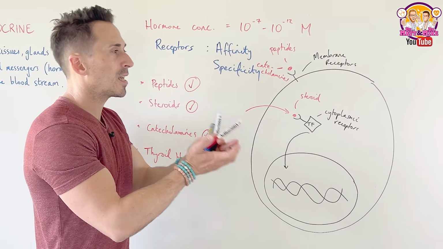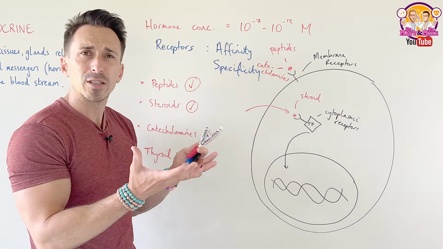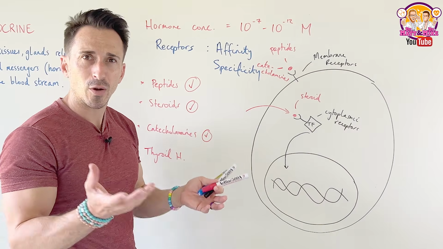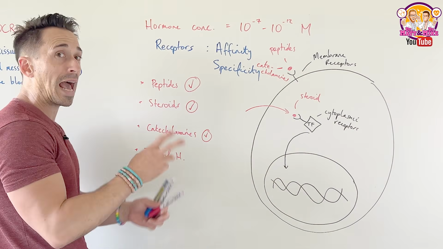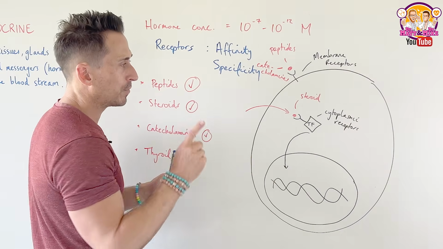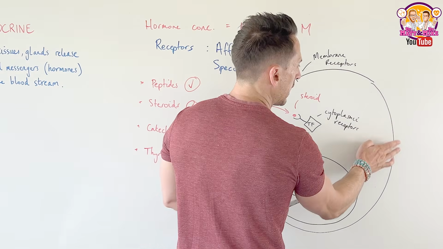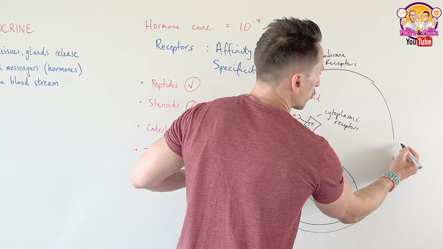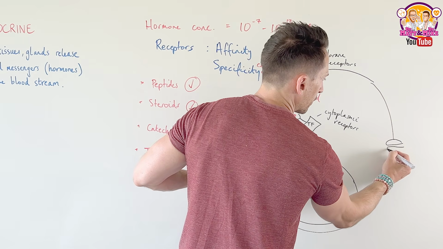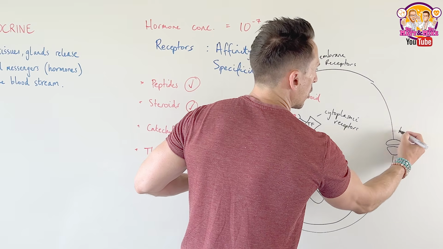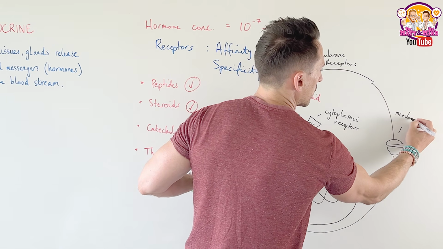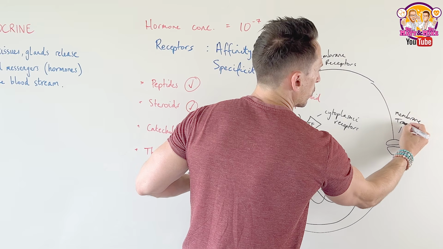Then when it gets to the cell, it's released, but it's not lipid soluble. So thyroid hormone, even though it acted like it was lipid soluble in the bloodstream, can't just transport through the membrane. So it needs specific membrane transporters.